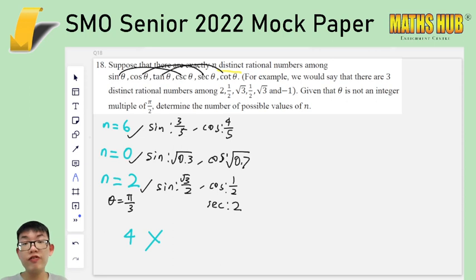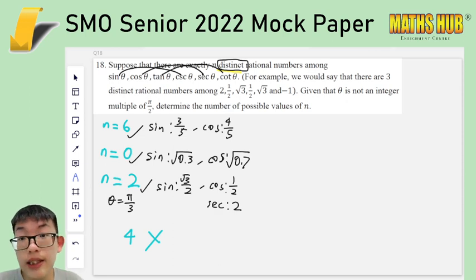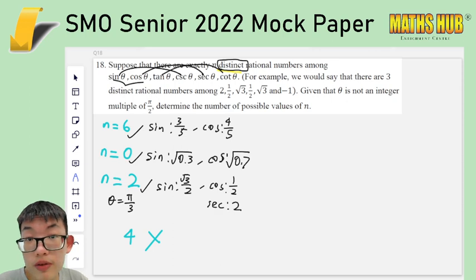Now, there is one final catch here before we say that there are 3 possibilities, which is about distinct. Now, we need to be careful to check whether it is possible to make some of these overlap. And if some of these overlap, they may not necessarily be distinct. Now, we know that sine and cosine are always going to be having magnitude less than 1. Since I can assume they're all in the first quadrant, I'm just going to say less than 1.